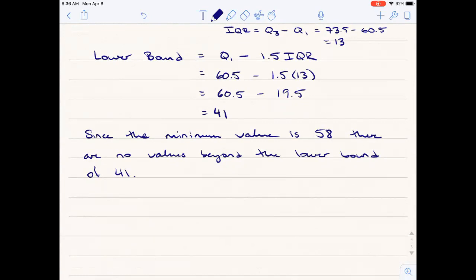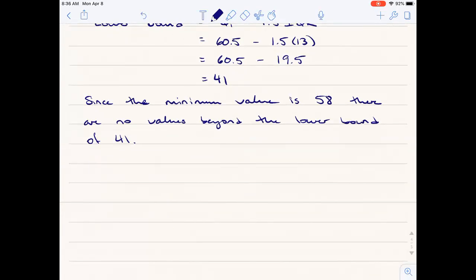We'll do the upper bound now. Same idea, but we start from the third quartile and now we're going up 1.5 times the interquartile range.